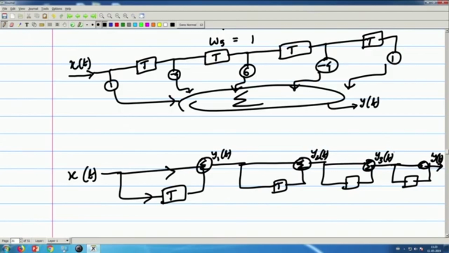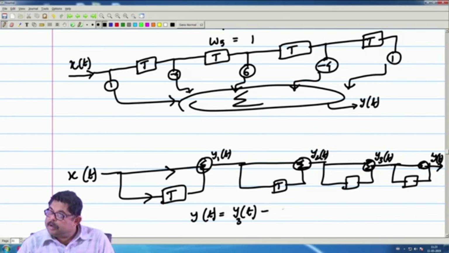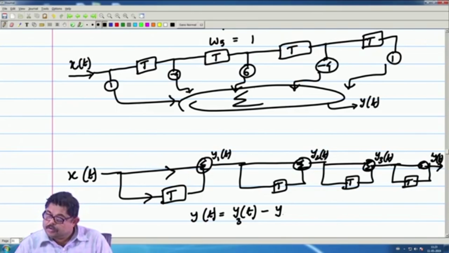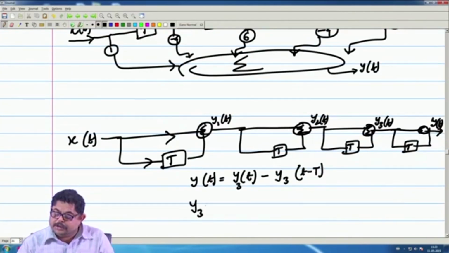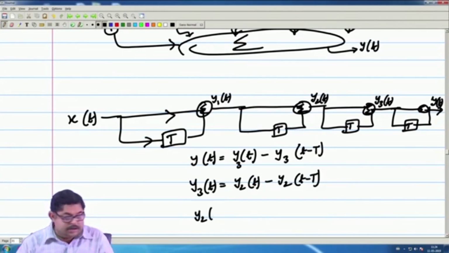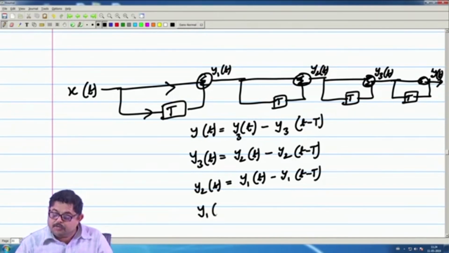So, you can write the final one, that means y(t) will be y3(t) minus y3(t minus T), then y3(t) will be y2(t) minus y2(t minus T), and y2(t) will be y1(t) minus y1(t minus T), and y1(t) is x(t) minus x(t minus T).